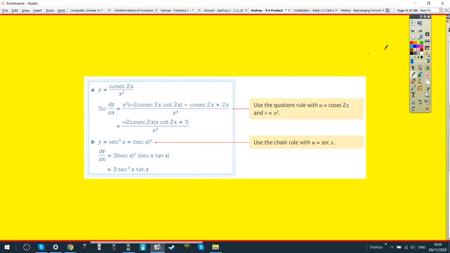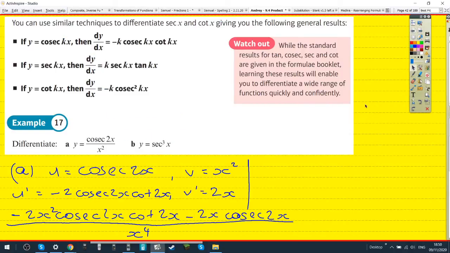They factorized it. Fair enough. I think they got x cubed. They factorized it, and so you would end up doing that comes to 3. Get rid of that one. Because you can factorize out minus 2x cosec 2x.